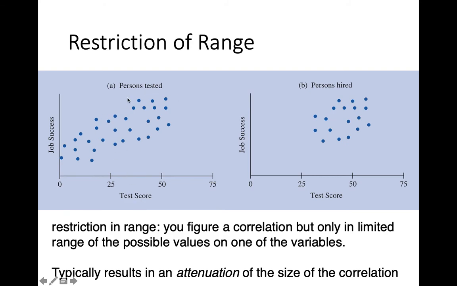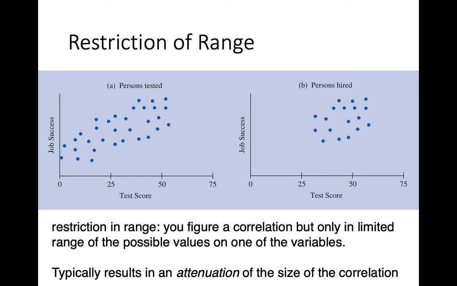On the left side of this figure, we've got applicants for a job, and a particular company has created a test of job knowledge as a way to be used as a screener or for a way to select their employees.